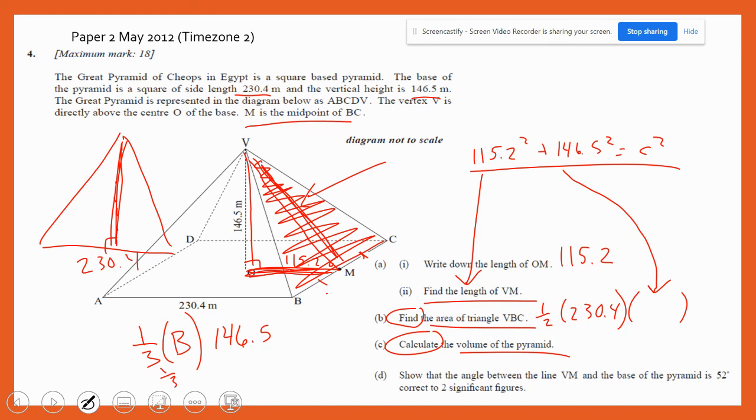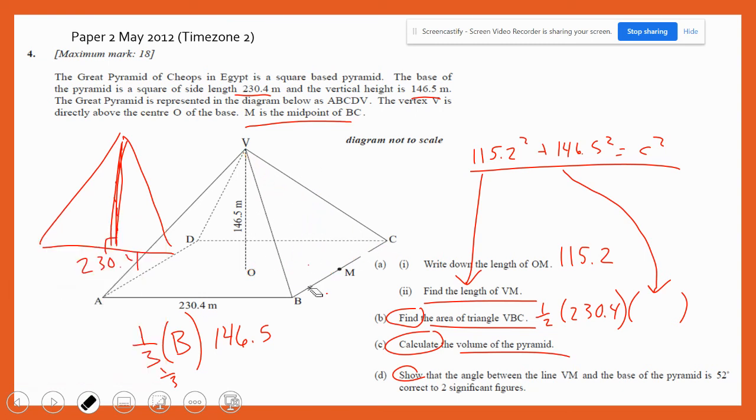The last part says show that the angle between VM and the base of the pyramid is 52 degrees. So between VM, I'm going to erase some of that, and the base of the pyramid. So we're talking about that angle right there. Well, I found this 115.2. So I could use tangent, opposite over adjacent. I found this, I could use cosine.